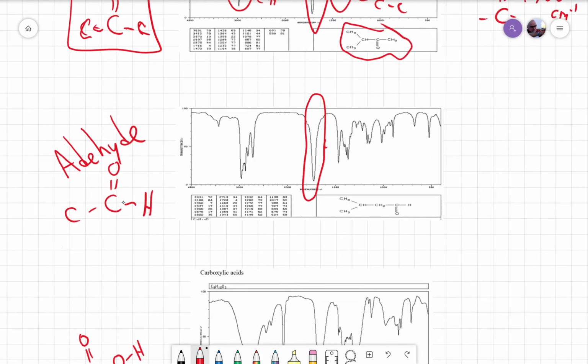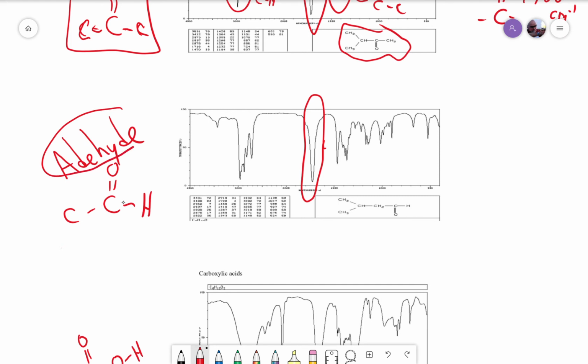The more special case is the aldehyde. And the aldehyde, like a ketone, contains the carbonyl, but instead of having a carbon on both sides, it has a hydrogen, which makes the aldehyde the terminal group. Here is the big, strong peak at 1,700, which is the C double bond O. And we have saturated carbon-hydrogen stretching going on.